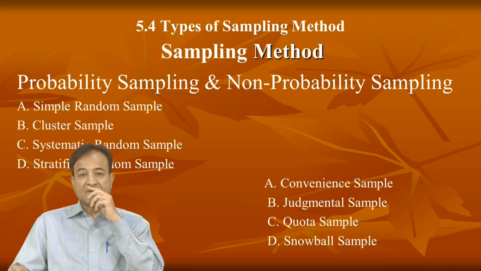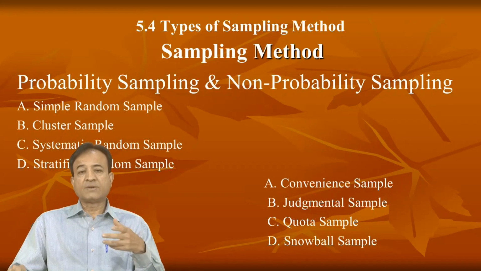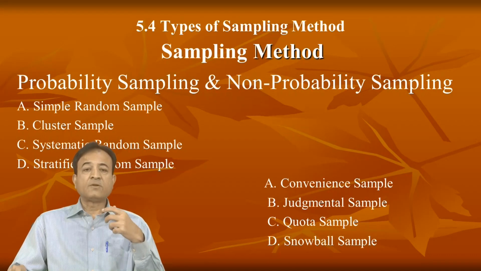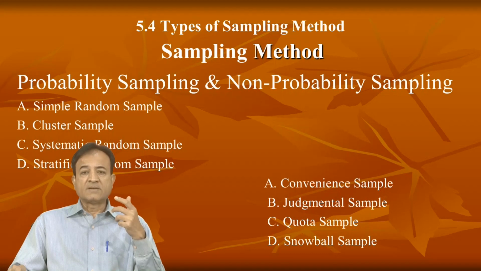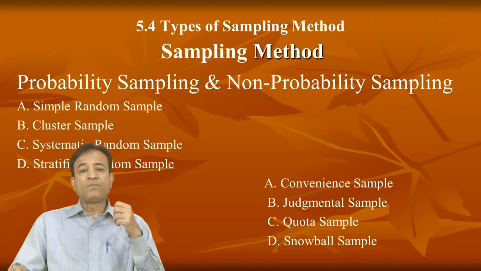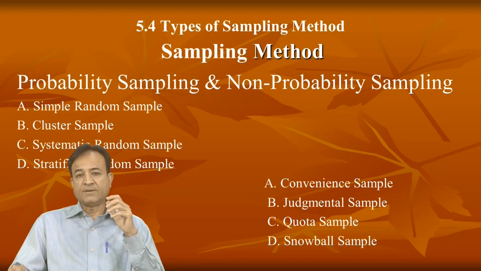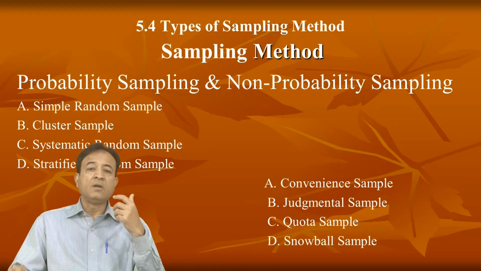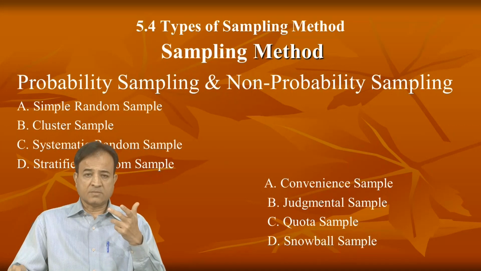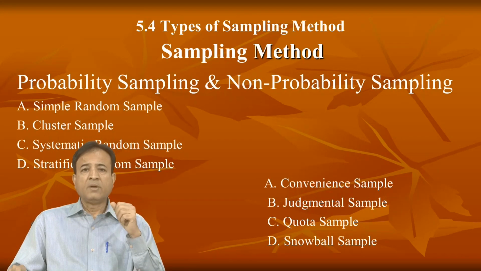Third, snowball sampling. It is the sampling method to be used by researcher to select the sample with reference to other sample. Snowball sampling is a sample method that a researcher applies when the subject or respondents are difficult to trace. For example, a researcher wants to carry a study on socioeconomic status of prostitutes in Gujarat.